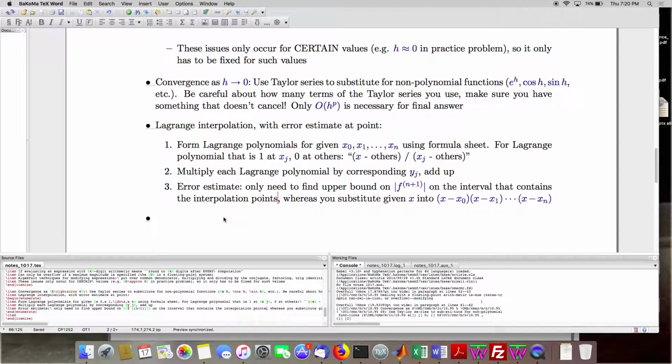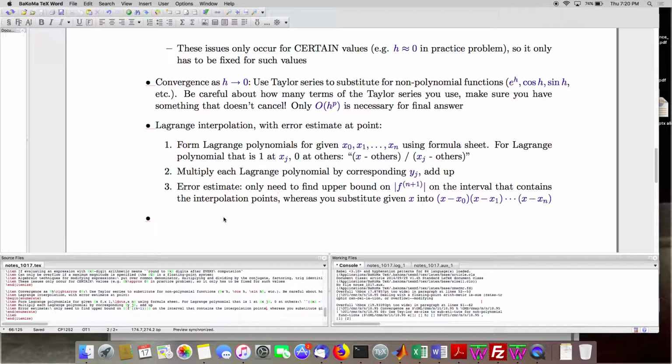Questions about Lagrange form? Why is your closed interval negative pi to pi, but not negative pi? Okay, you're looking at the practice problem?